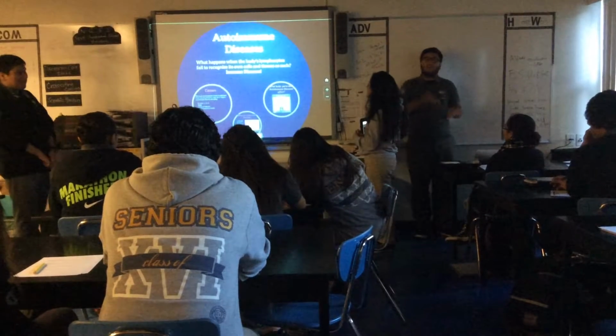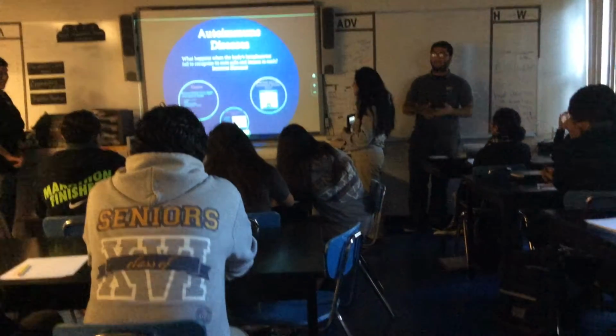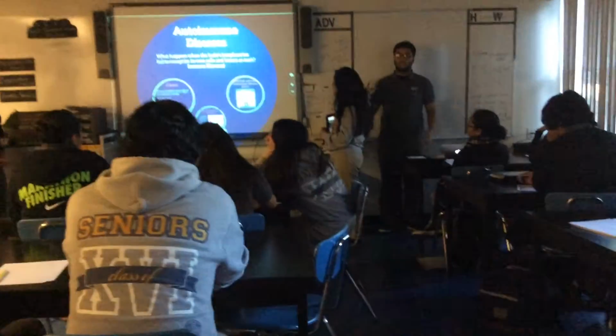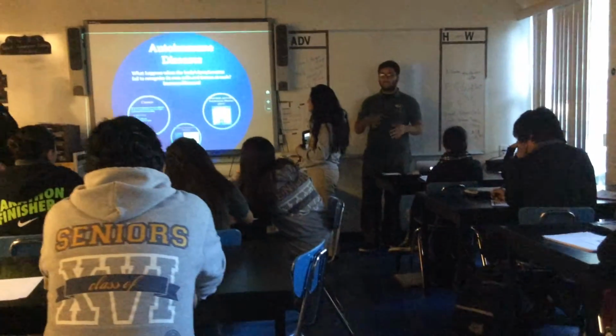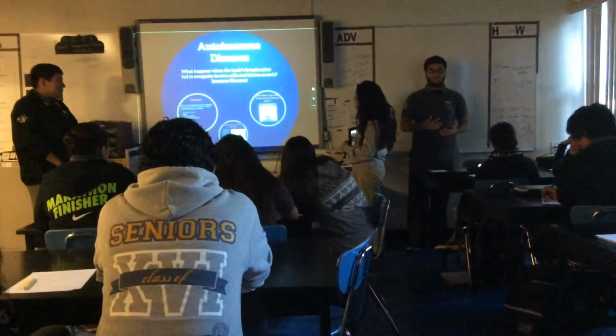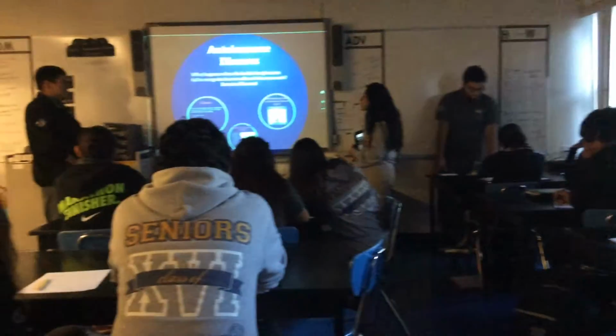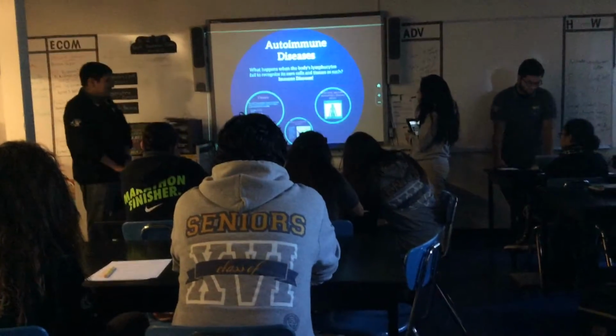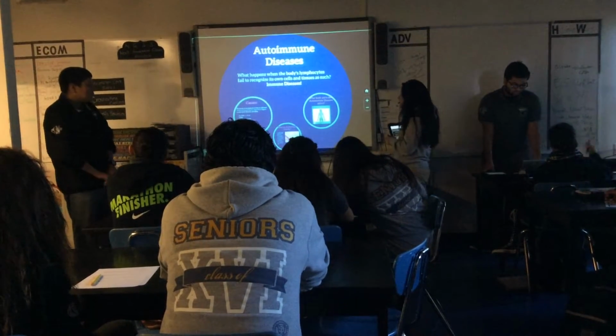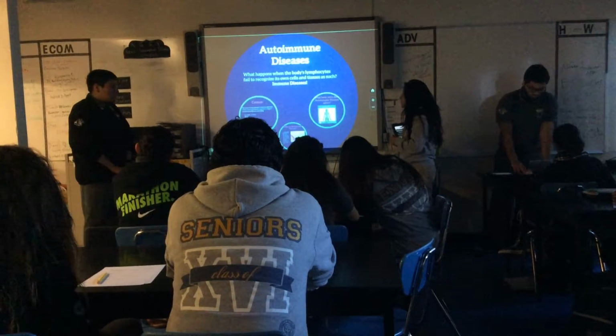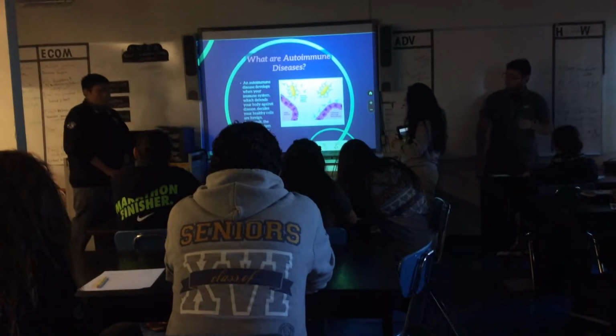The reason we're talking about the immune system first is that the disease is really specific to the immune system, and it's going to alter what your immune system does. What happens when the body's cells fail to recognize its own cells and tissues is an immune disease.